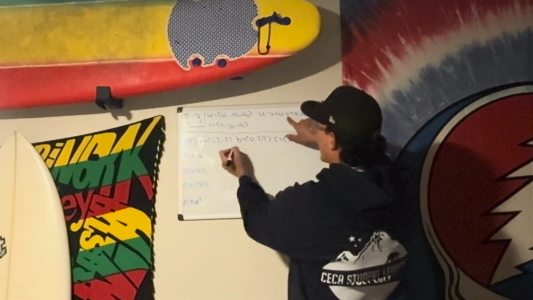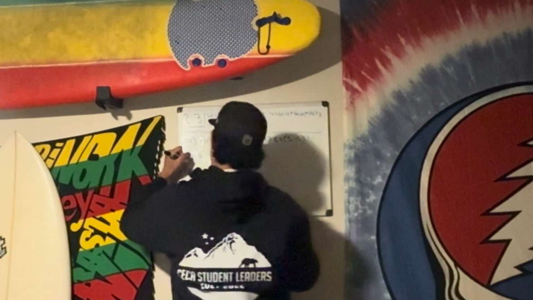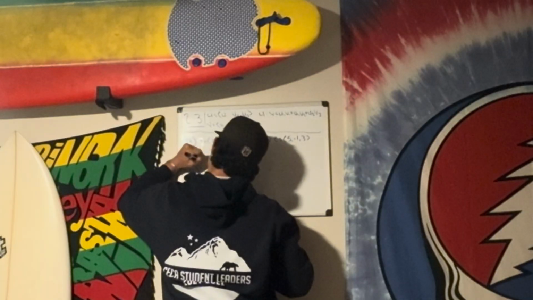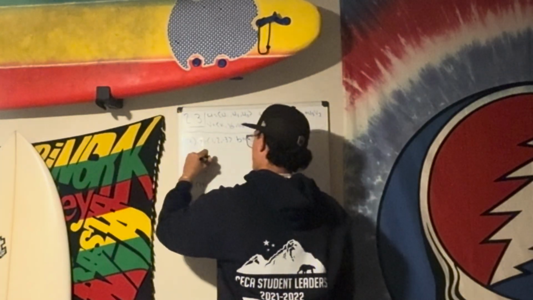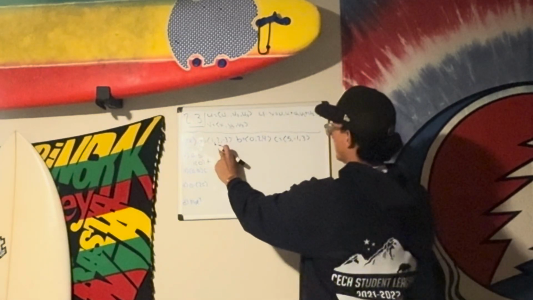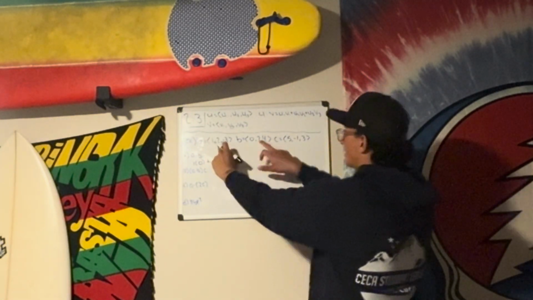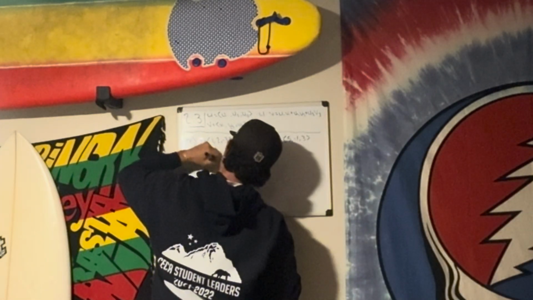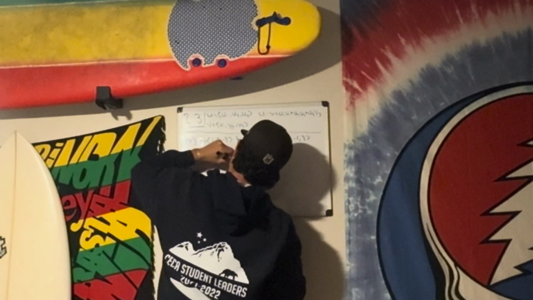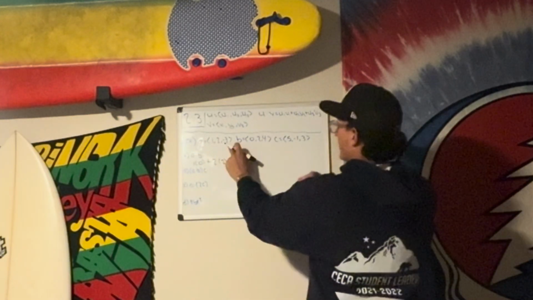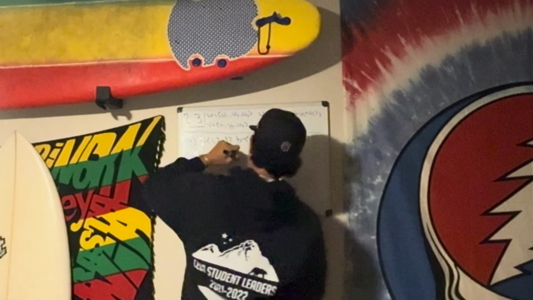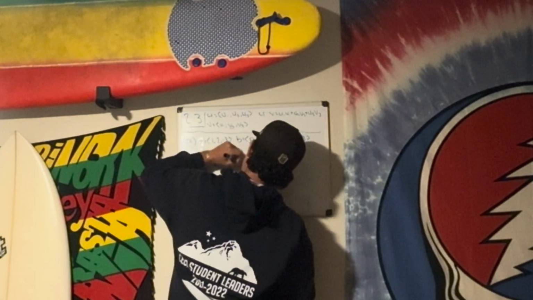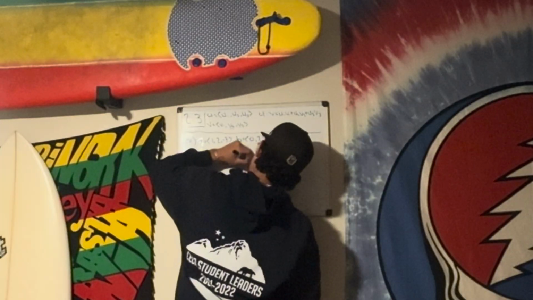A1 times B1. So we will have 1 times 0 plus A2 times B2. So we will have 2 times 2 plus A3 times B3, which we would get negative 3 times 4.